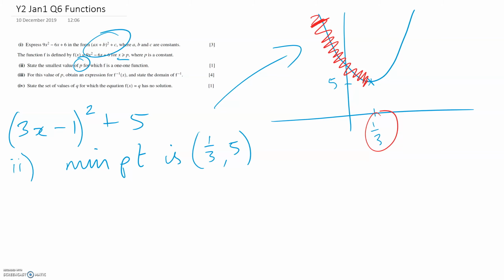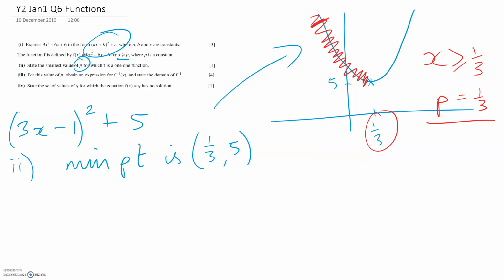For every one x value there's one y value, and vice versa. So in other words, we have made the domain x is greater than or equal to 1/3, and the graph is now a one-to-one function. So p equals 1/3 would be the smallest value of p to make it a one-to-one function.